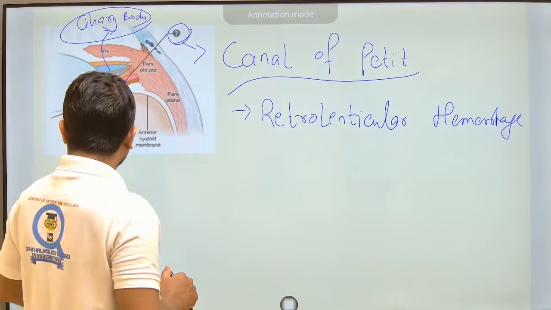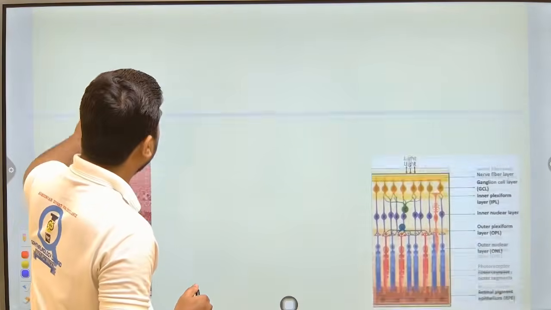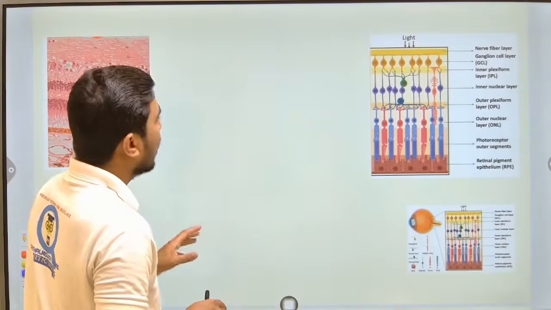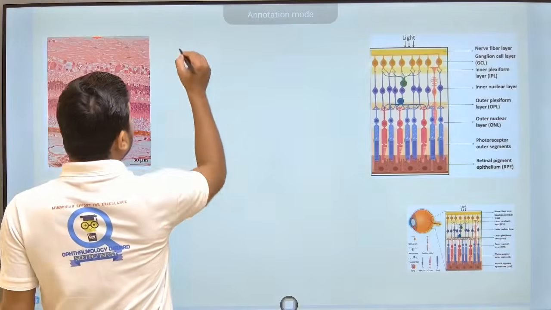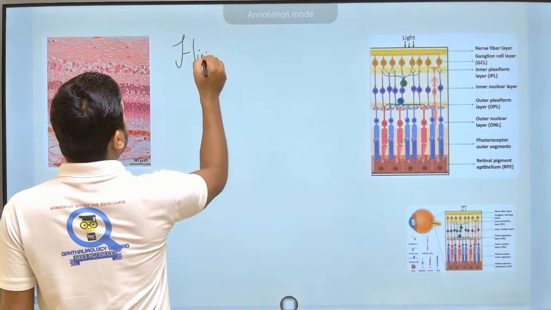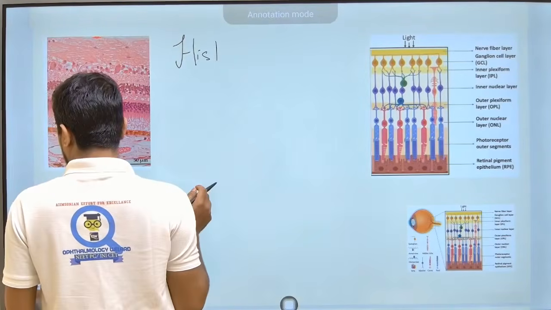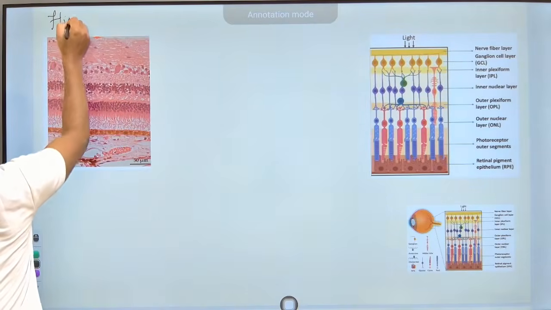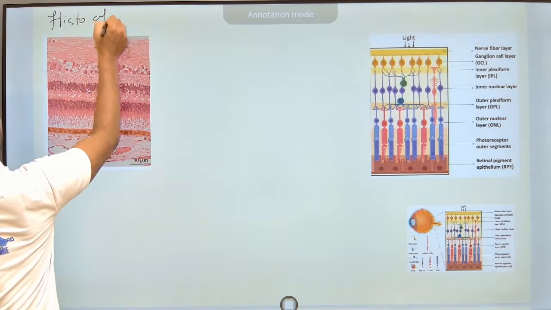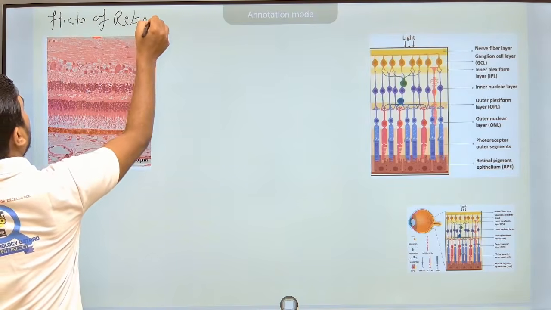Now moving to the second image. You can see this is the histology of the retina.